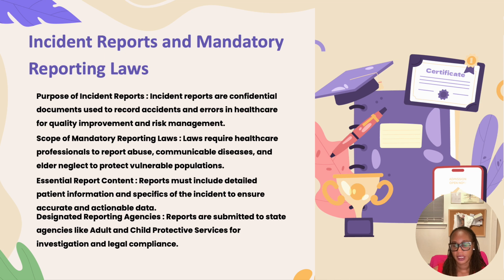Abuse of a dependent adult, so abuse in a group home, long-term care, or by a caregiver. Domestic violence in some states, meaning injury caused by intimate partner violence, and certain injuries, for example gunshot wounds and stabbing wounds, and communicable disease as required by public health law.